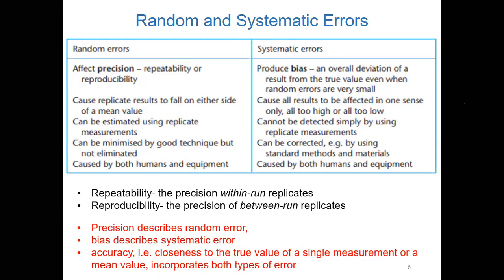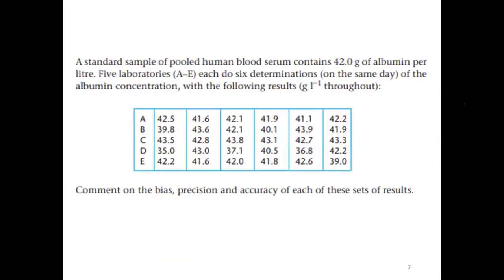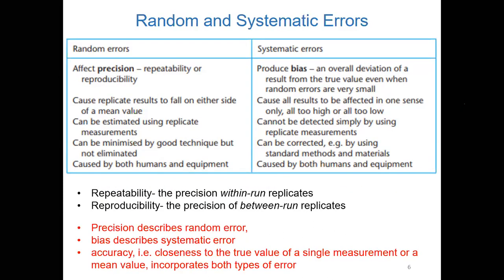Precision relates to random error, bias to systematic error, but accuracy to both types of error. That's a summary of random and systematic errors.